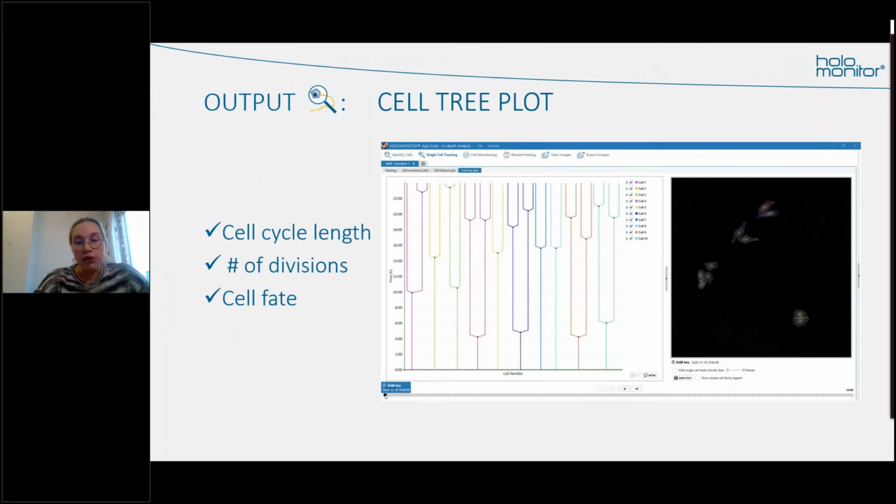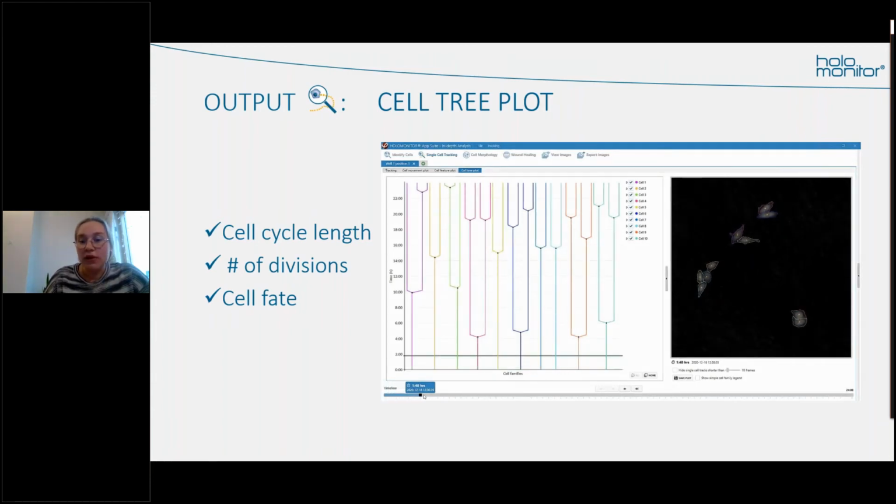Lastly, I would like to show you the latest addition to the output parameters in our software, namely the cell tree plot. Thanks to a new algorithm in the latest update of the single cell tracking assay, we can now create these cell trees automatically.